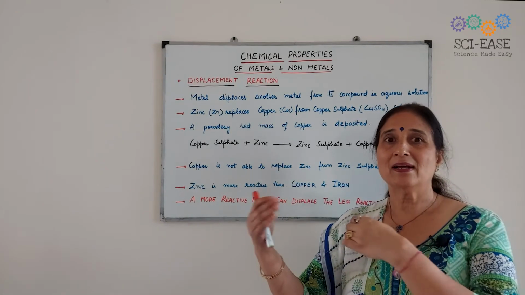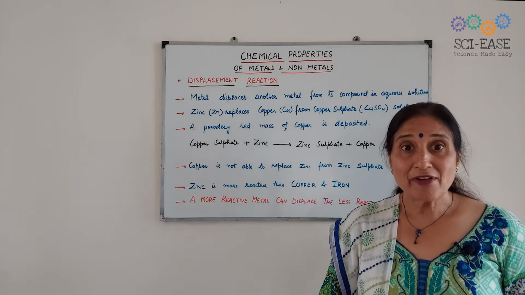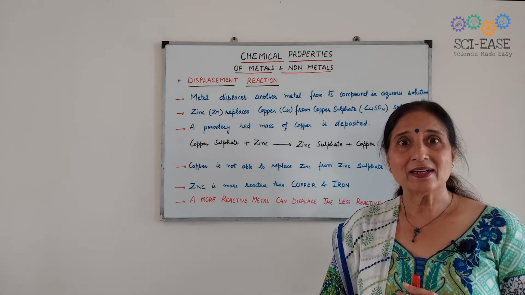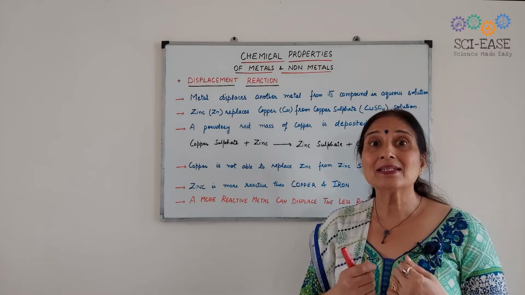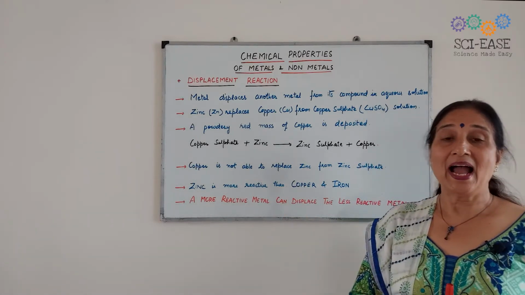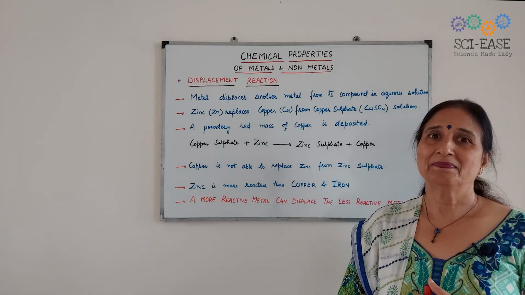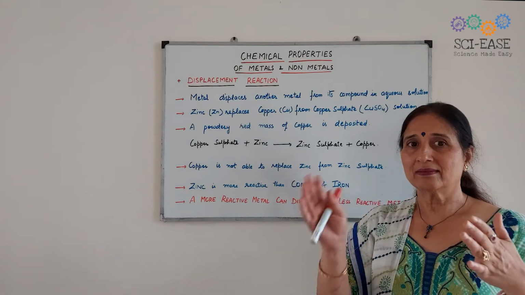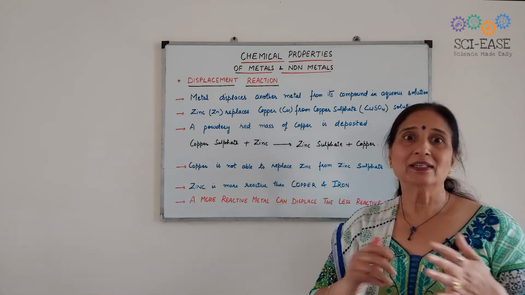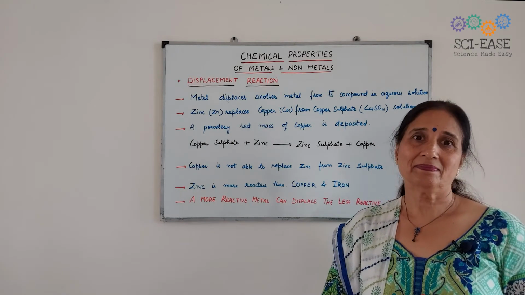When you come the next morning in the class and see that set, the blue color of copper sulfate has disappeared and a colorless solution is there, and the brownish red coating will be there on the zinc plate.